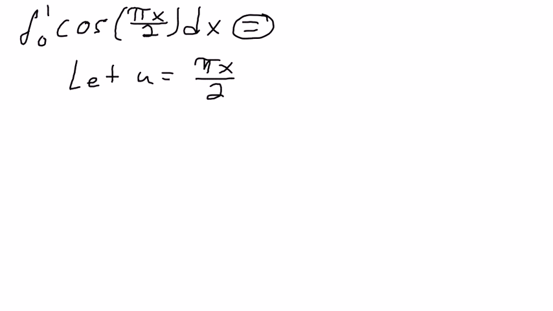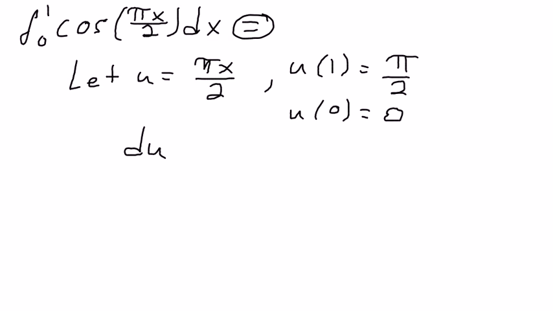When you evaluate u at the upper limit, you end up with pi over 2, and u at the lower limit, which is 0, will give you 0, because you're simply plugging in that 1 for the x that you had there and the 0 for the x. Now you take the derivative of that, and that's going to leave you with just pi over 2, because the derivative with respect to x of x is 1.